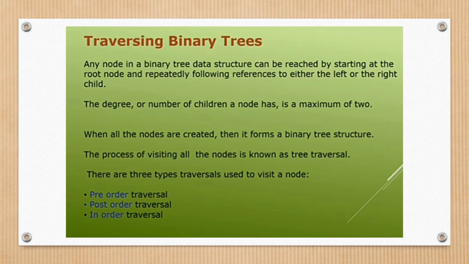Traversing means visiting each and every node in the binary tree. There are three types of traversal of binary tree. First one is pre-order traversal, second one is post-order traversal, and third one is in-order traversal.